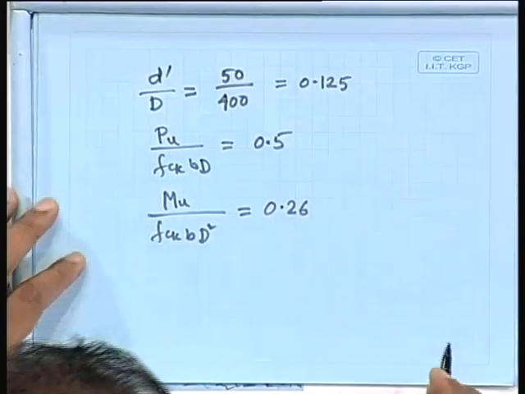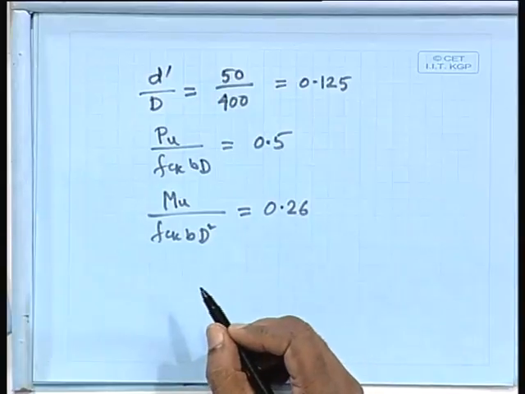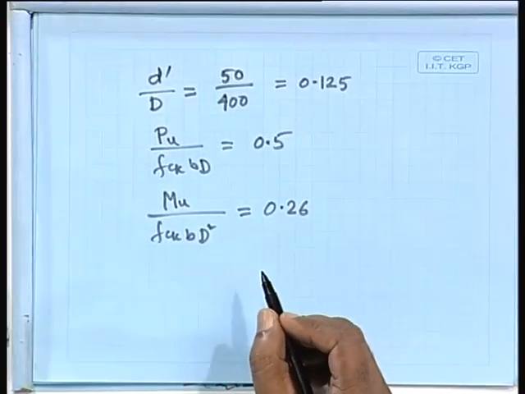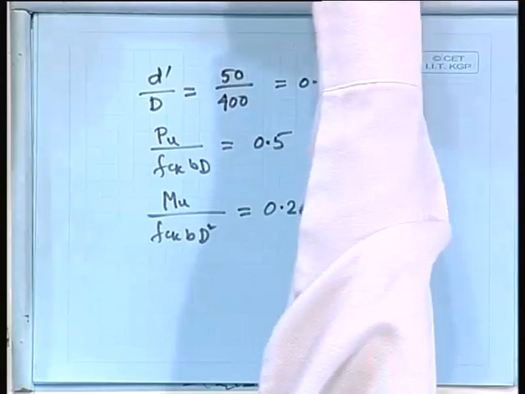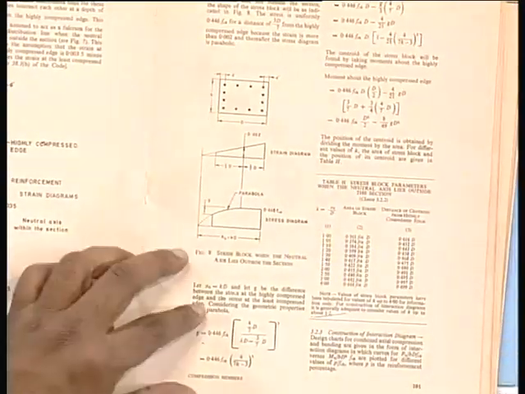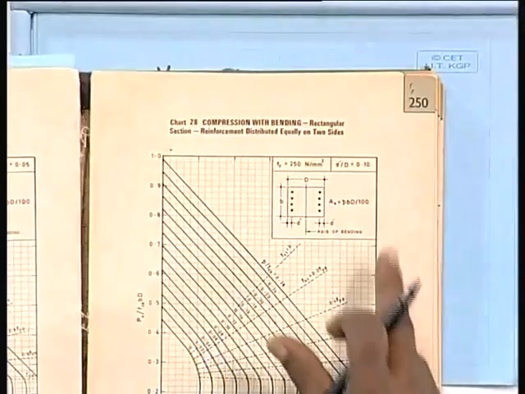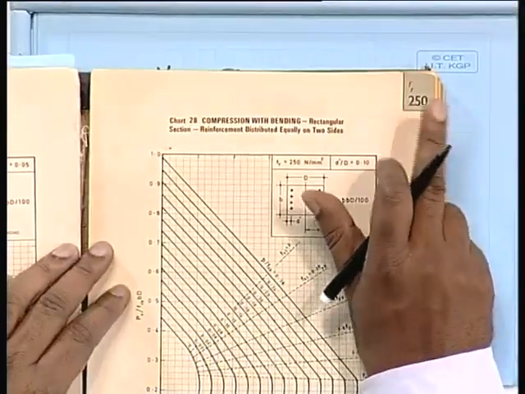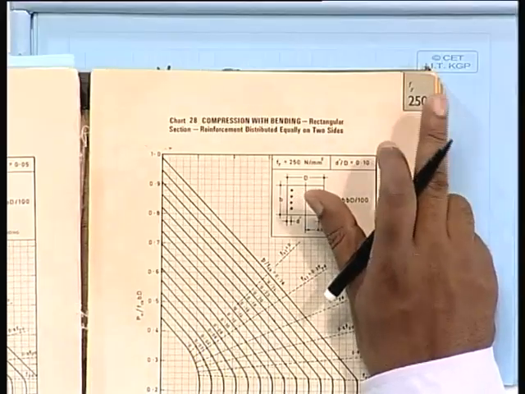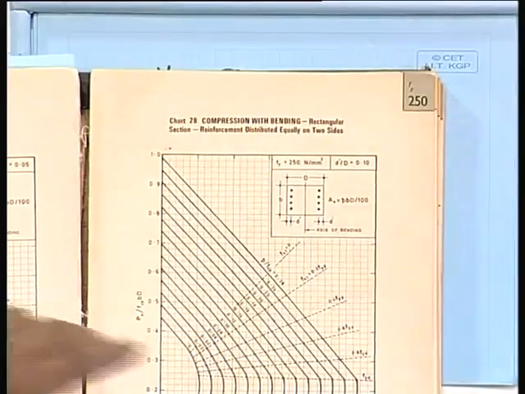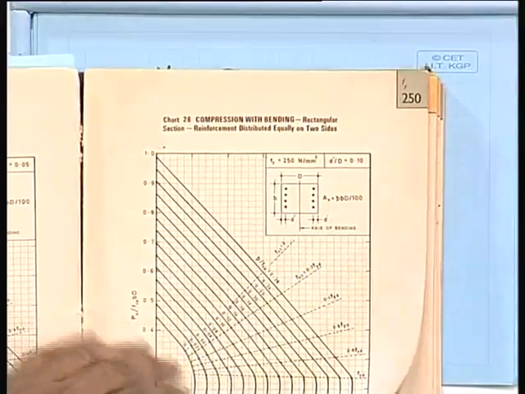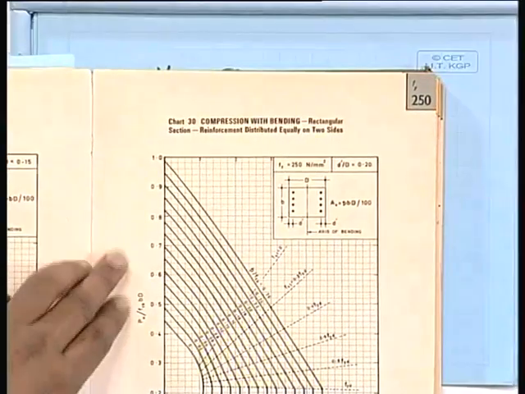So we have to find out the area of steel, and from this special publication we are having so many charts. If you see this side, actually it is written that steel grade, here it is Fe 415. Okay, just only to mention this one, let me tell you.